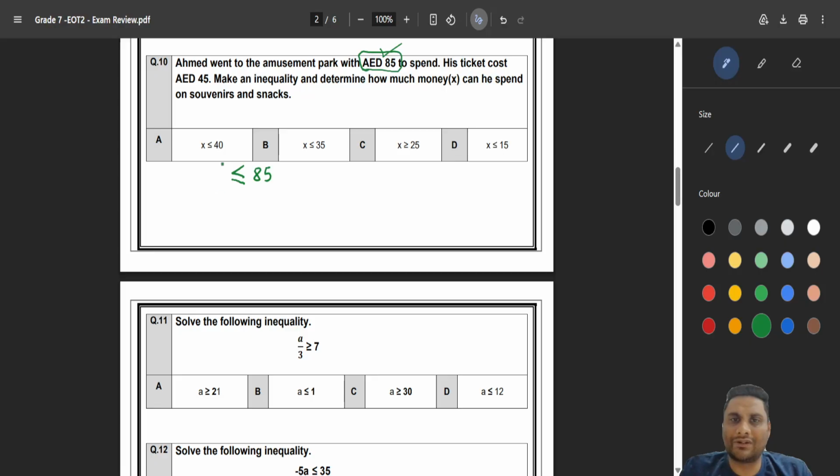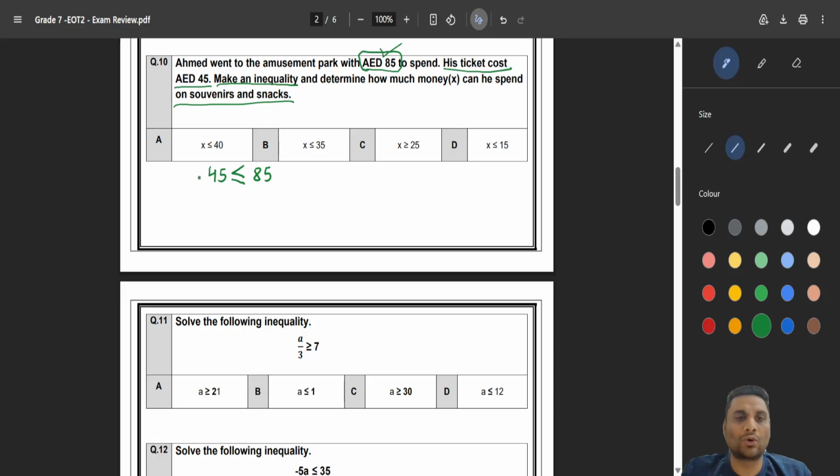Okay. Now let's see, where does he spend the money? His ticket cost 45 dirham. So first of all, he spent the money on the ticket. It cost him 45 dirhams. Now we have to make an inequality and determine how much money he can spend on the souvenirs. So he wants to spend some more money on souvenirs.